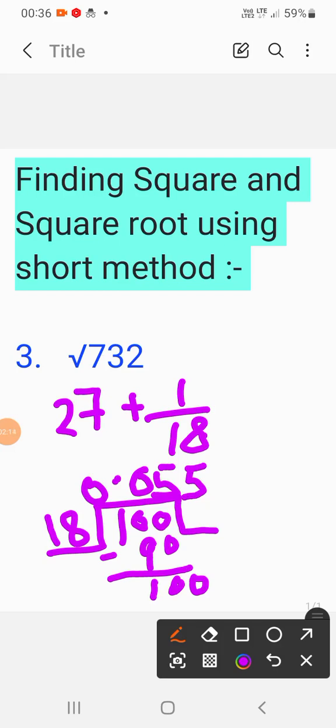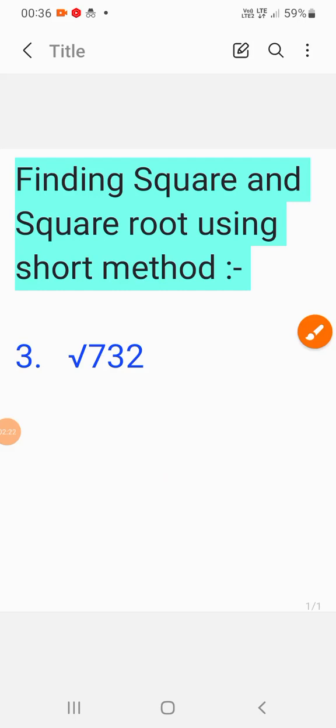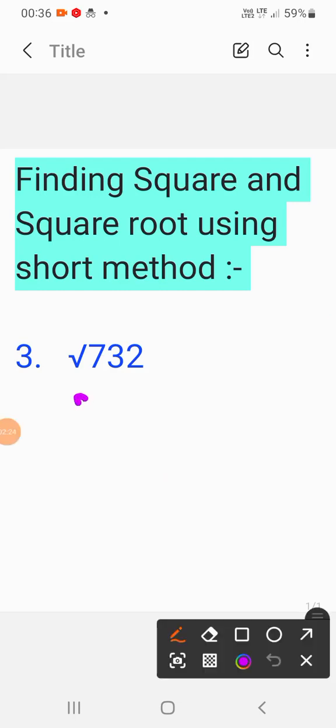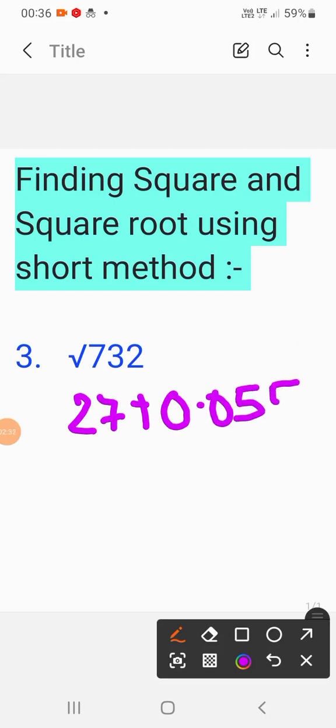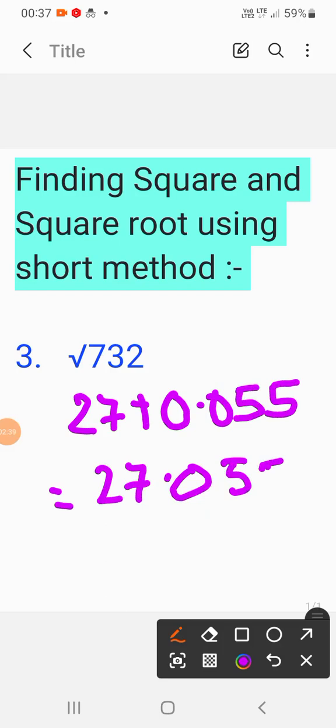So we got 0.055 as the answer of 1 upon 18. So 27 plus 0.055, which would be 27.055, which would be under root of 730.